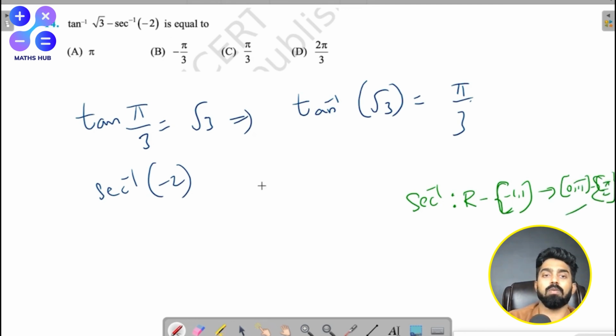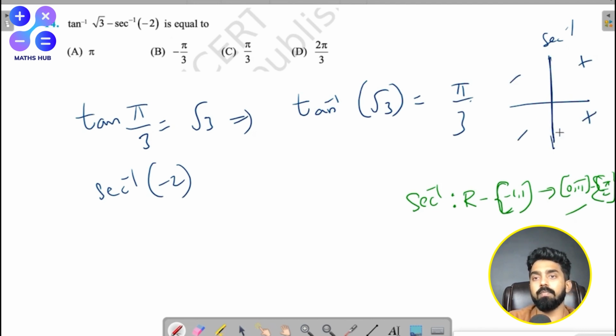We also know that secant inverse is positive in the first and fourth, and negative in the second. So we need to find a negative value somewhere in this range.